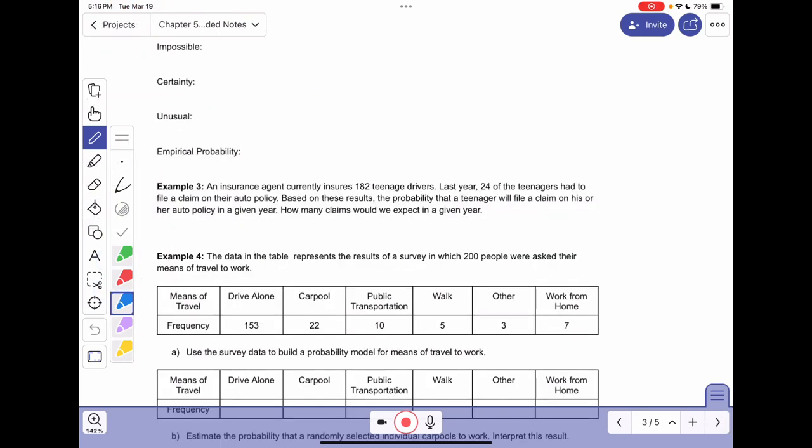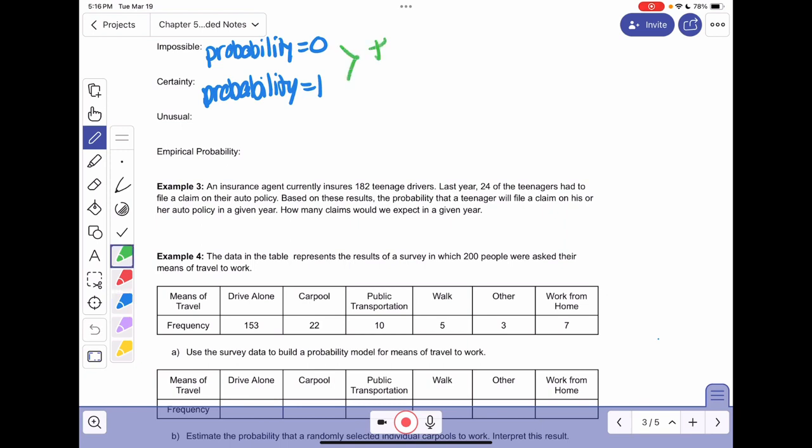All right. So some different probabilities that you're going to see are impossible events. If it's an impossible event, the probability is 0. Can't happen. Certainty, or a certain event, has a probability of 1. So together, the closer to 1, the more likely it is to happen.